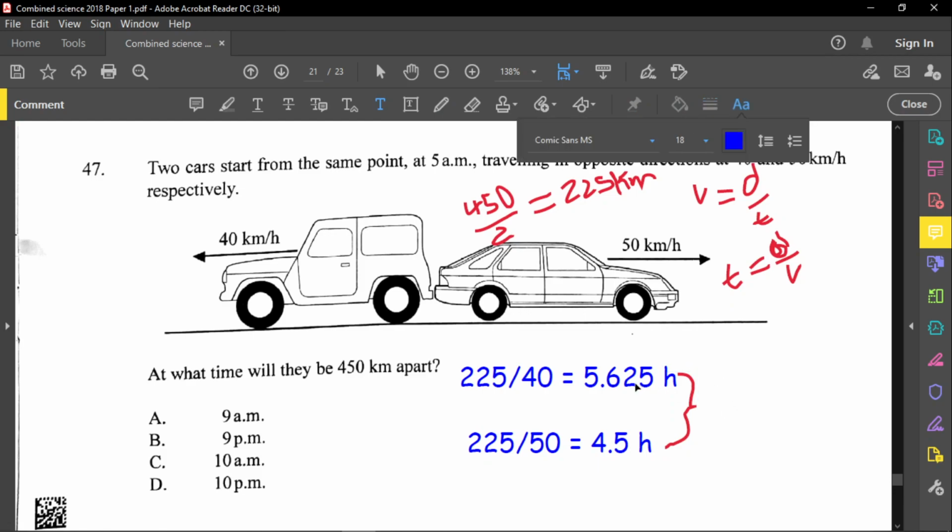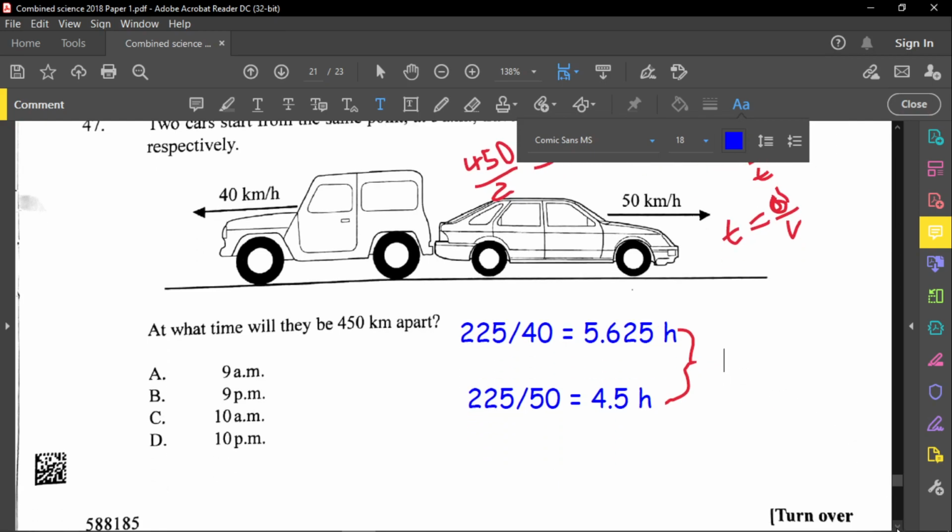So 5.625 plus 4.5, all divided by 2, gives us an approximate time of 5.0625 hours. That will be our average time for the two cars to end up 450 kilometers apart.